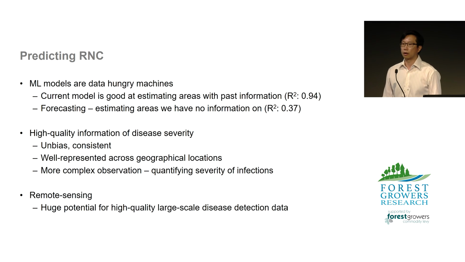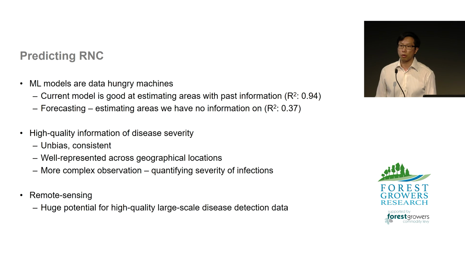Having said that, we also found that our model is still not very accurate when forecasting RNC severity for areas that we have no information about, and the gap between the accuracy here is a strong indication that we do not have enough information yet to build a generic forecasting model.